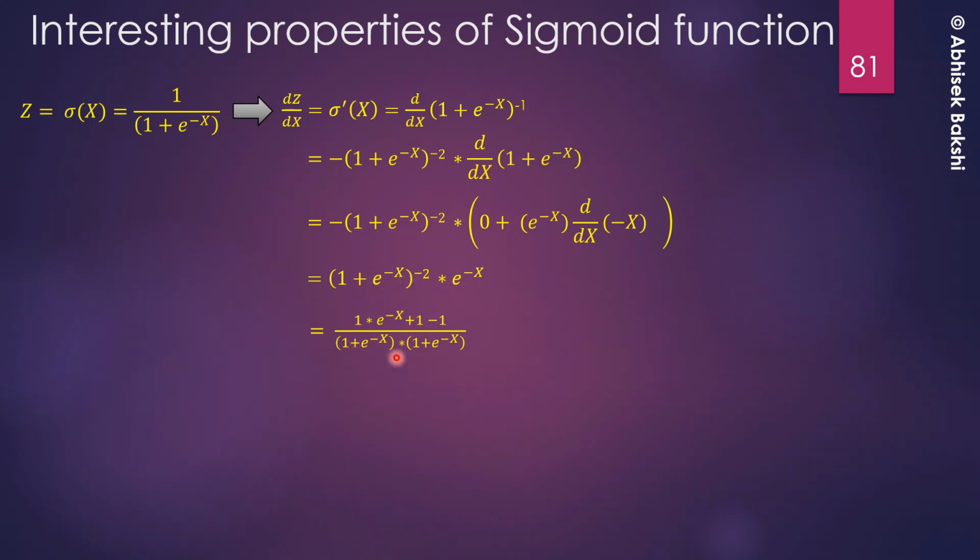And that's why I have written 1 plus e to the power minus x multiplied by 1 plus e to the power minus x separately here at the denominator. And in the numerator, we have e to the power minus x, definitely, where e to the power minus x I have written as 1 into e to the power minus x. And I have added 1 and also subtracted 1. So as a result, it remains e to the power minus x, right?